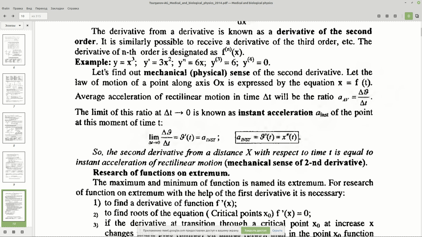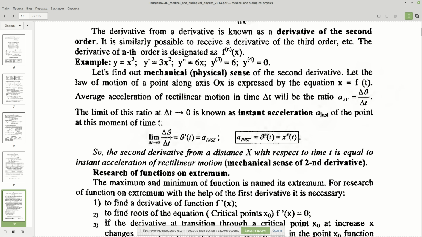So you write the limit as delta t goes to 0, the differential of velocity v divided by the differential of time t, where this period of time is very, very tiny and goes to 0 at this moment.